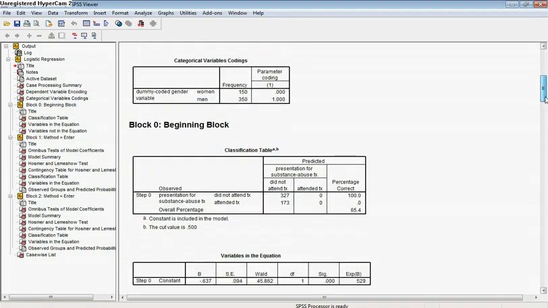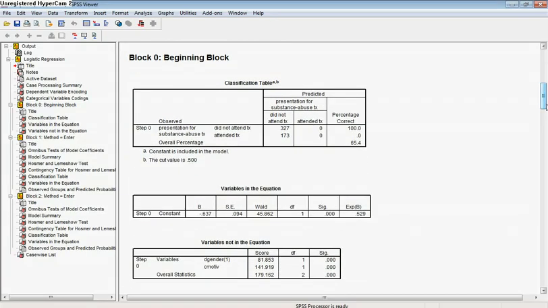And then we have block 0, which is called the beginning block. This is really the constant only or reduced model. It's good to look at a few things because this model sets the stage for the comparison of our full models.